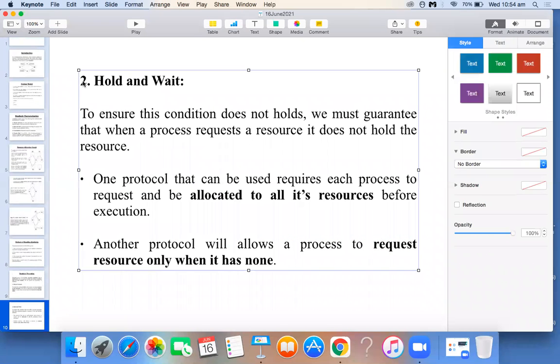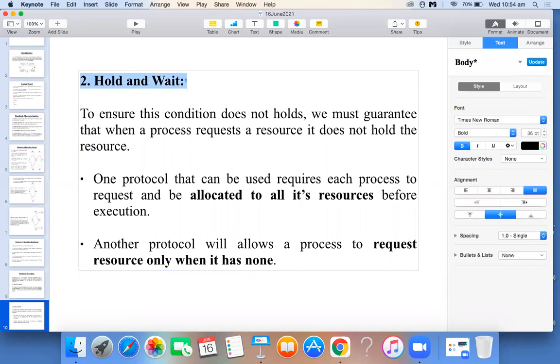hold and wait. What is hold and wait? We usually hold one resource and we request additional resources. That's what we normally do. This results in deadlock. So if we want to avoid this, what do we do? We try to use two kinds of protocols here.